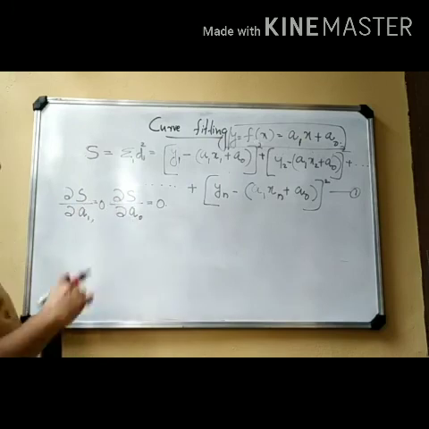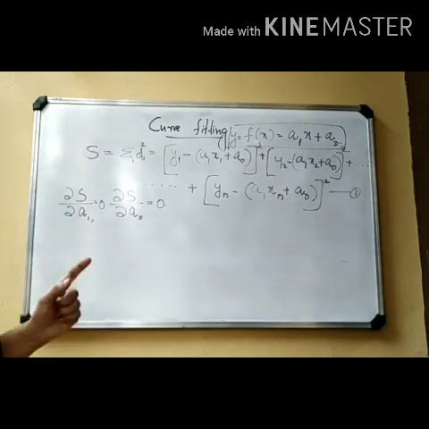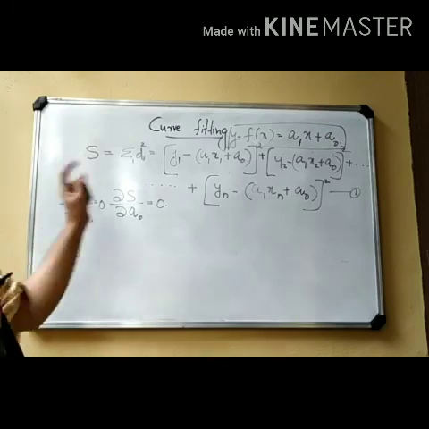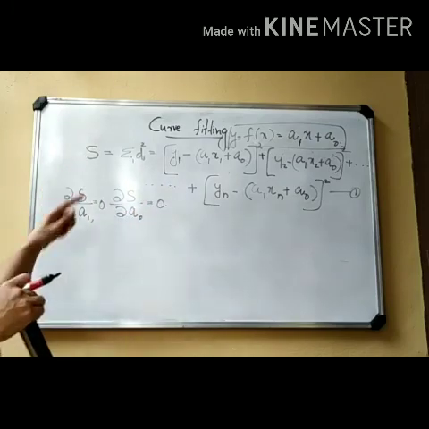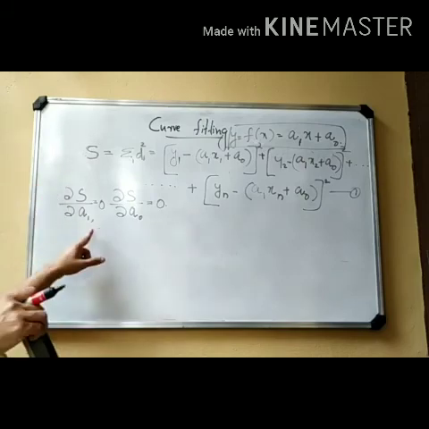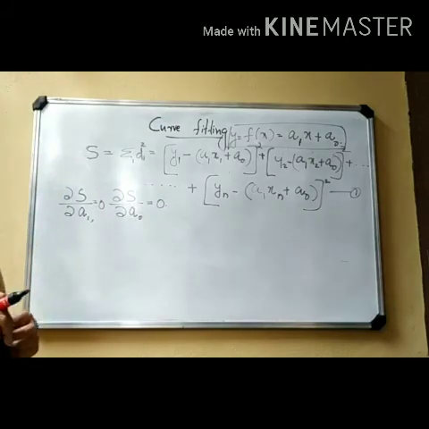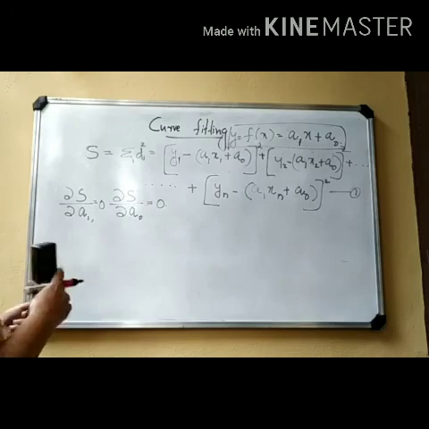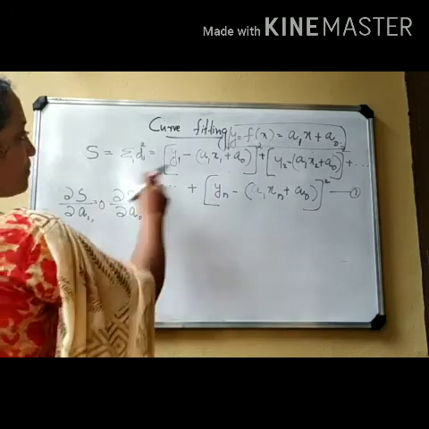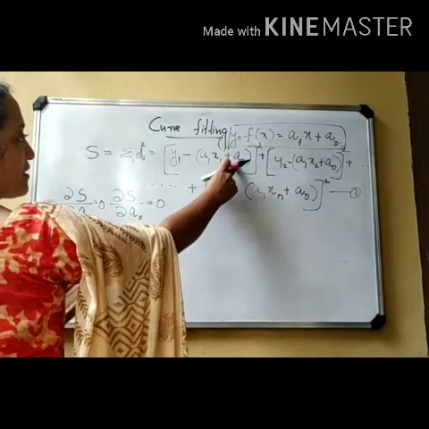So this is the condition we apply here. First we calculated the sum of the squares of the residues, and we take it as S, and we have to differentiate S with respect to a1 and a0 so that the function is a minimum. So first we can differentiate with respect to a0.